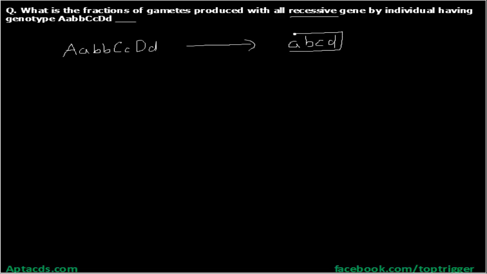Now this particular constitution is possible in the given genotype for only one gamete out of the total number of gametes. So the very first step will be to calculate the total number of gametes.